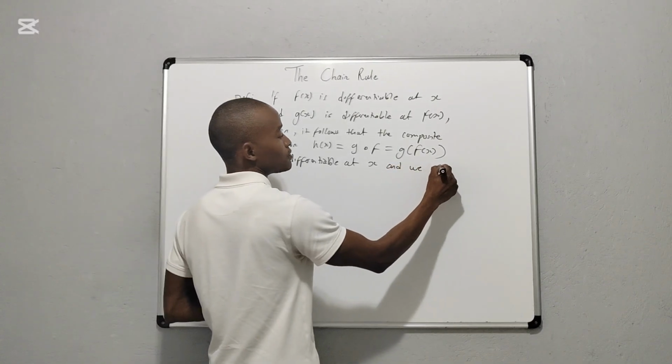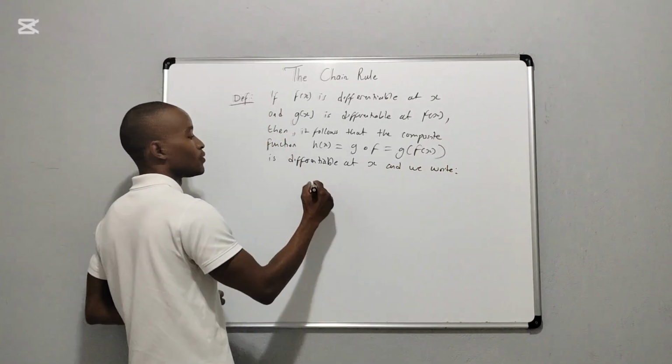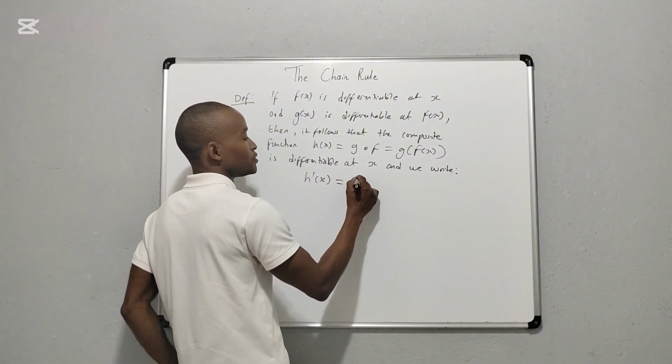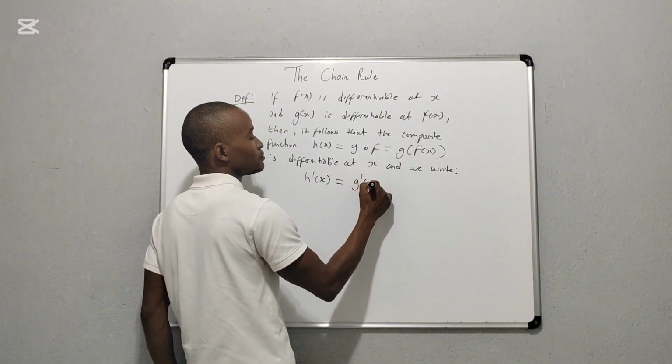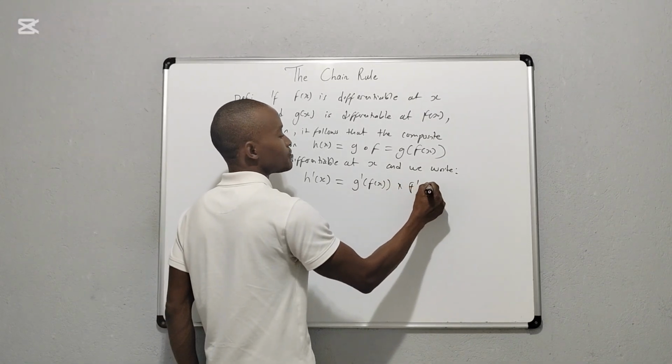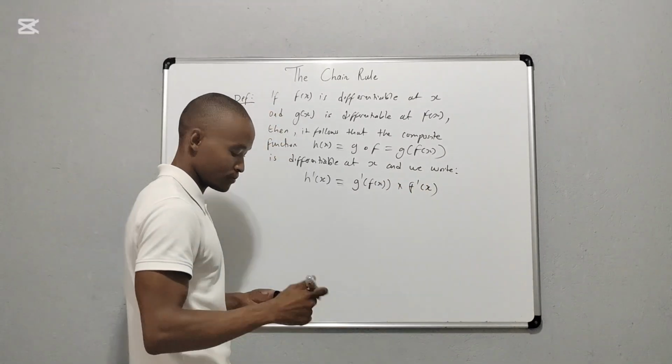And we write the following. h prime of x is equal to g prime of f of x times f prime of x.